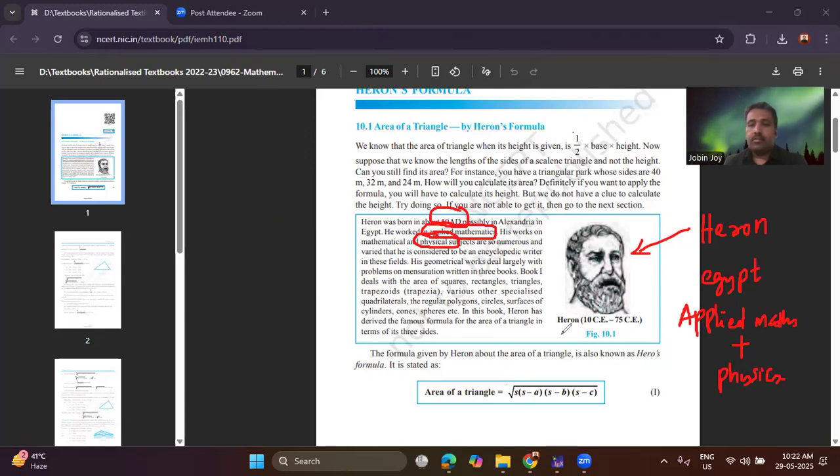His works covered mensuration, geometry, and mechanics. That's all about the history of the person behind Heron's formula.